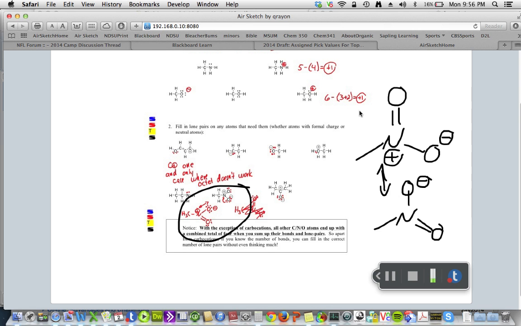Now, one of the things that we observe between these resonance structures is that the only thing that differs between the two images is where electrons are located. So when I compare the bottom figure to the upper figure, what is happening is that two electrons are moving.